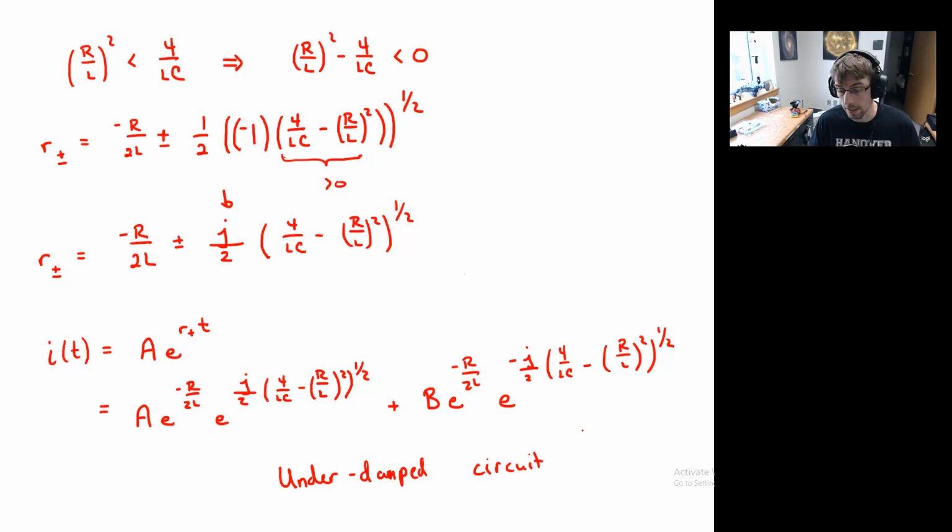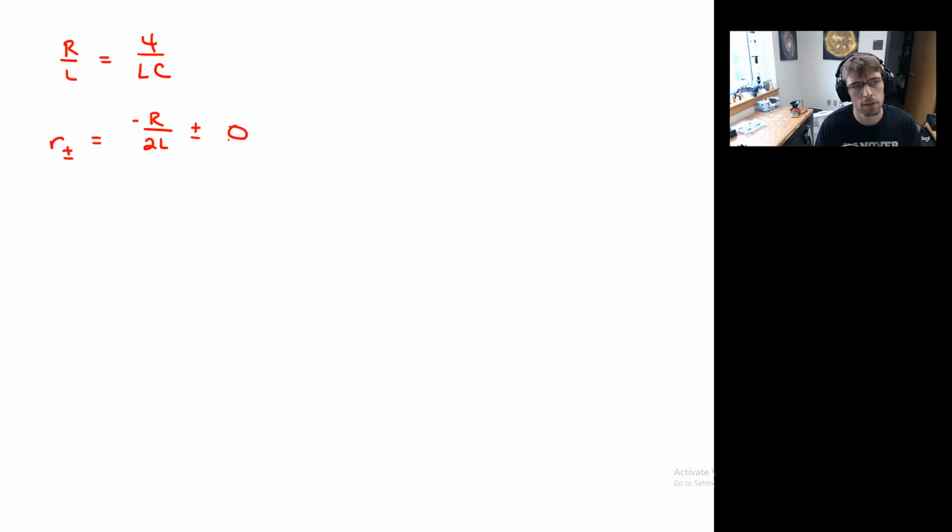Now, for completeness, you say, well, Greg, what happens when I have R over L equal to 4 over LC? What happens in this situation? You notice that R plus or minus ends up becoming R over 2L plus or minus 0. The square root is 0.